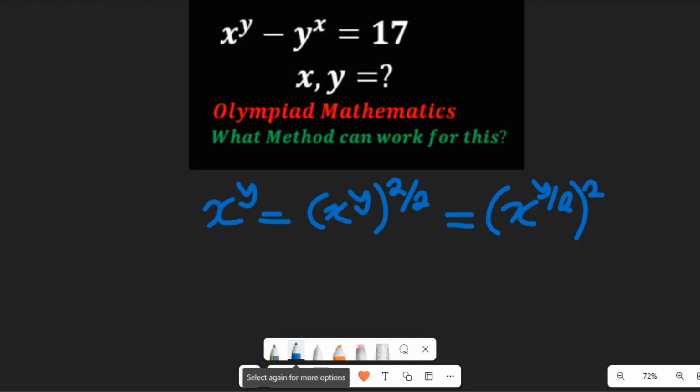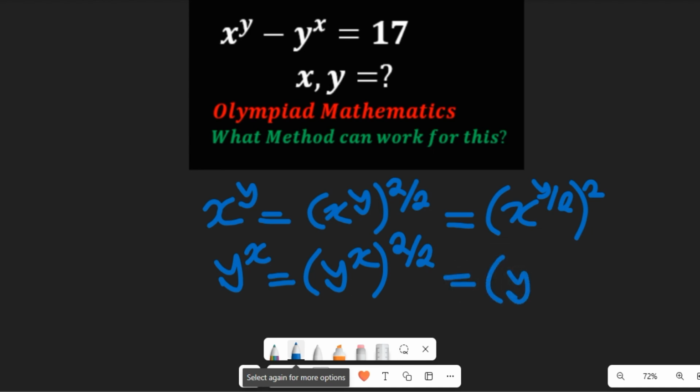I didn't change anything. Now the next one, I'm going to apply that to y to the power of x. This gives me y to the power of x multiplied by 2 divided by 2, which is equal to y to the power of x divided by 2, all to the power of 2. Great.